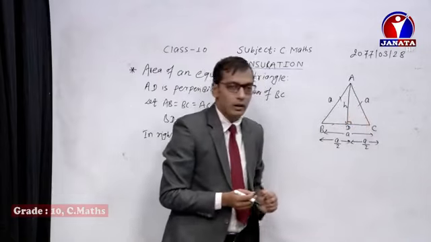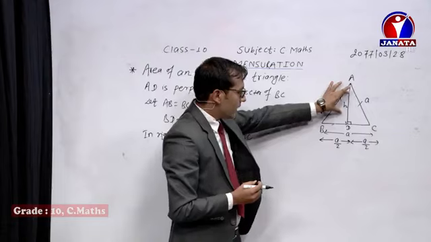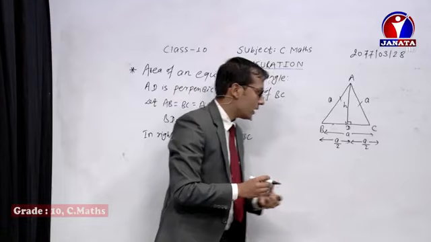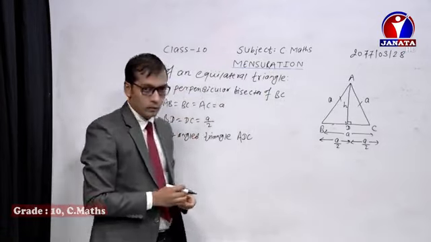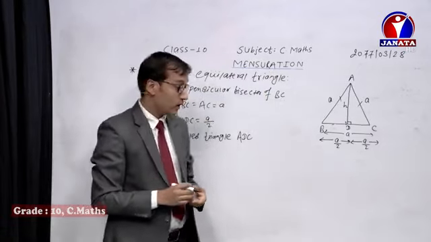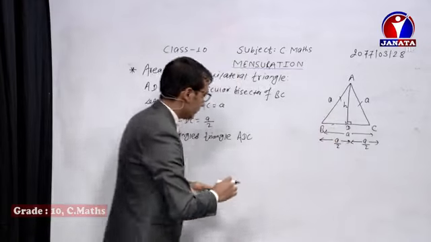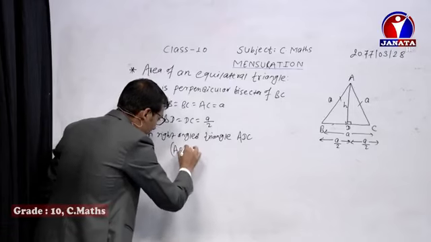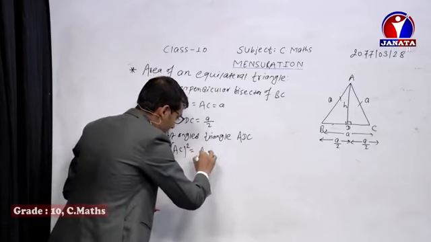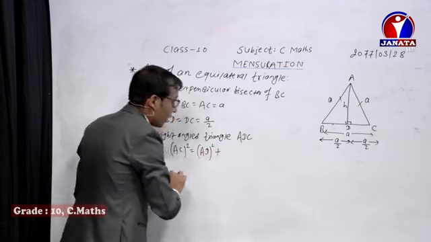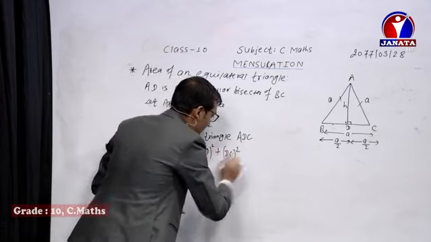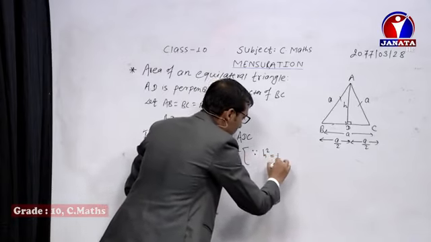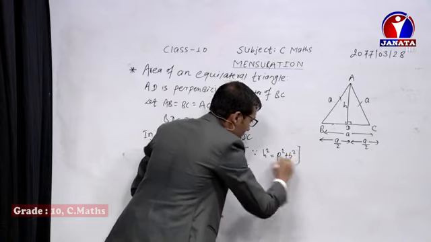This is AC. Perpendicular is AD, and this is height here. And what is the base? DC. So if we use the Pythagoras theorem, we can find height. By using Pythagoras theorem, let's write AC square is equal to AD square plus DC square. We know what is Pythagoras theorem: H square is P square plus B square.